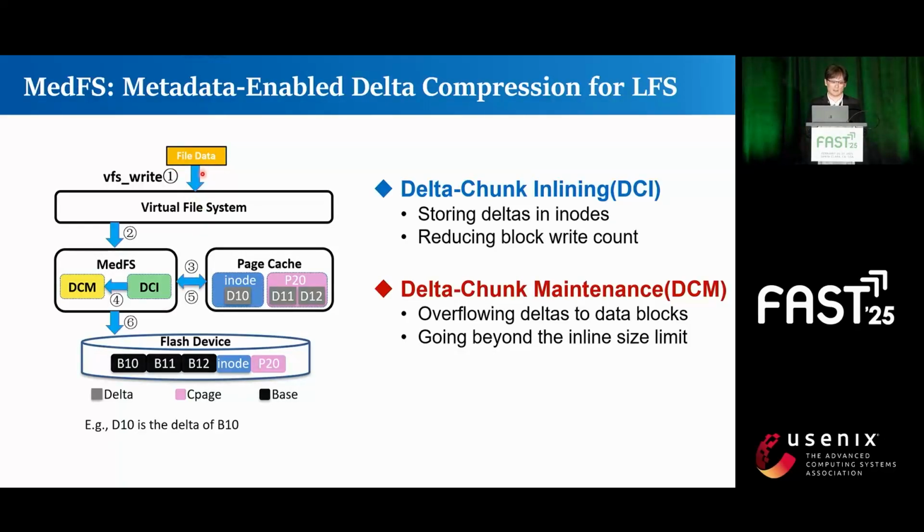When we generate a block write, DCI first checks if it is an update. If it is an update, DCI also checks how large the delta is. If the delta is small, then DCI inserts the delta into the inline area of the inode.